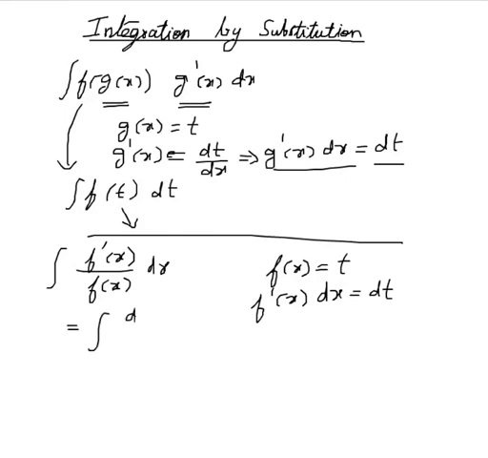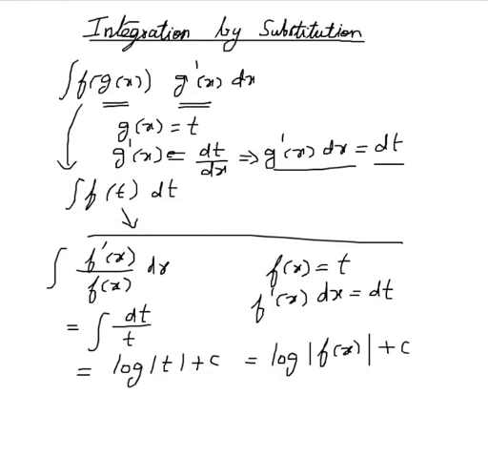Therefore, the numerator becomes dt and the denominator is t, which is now easy to integrate. It is log of absolute value of t. And substitute it back. The answer should be given in terms of x, not in terms of t. The given variable is x. So log of absolute value of f of x plus c it becomes.